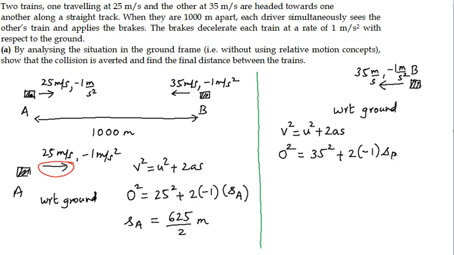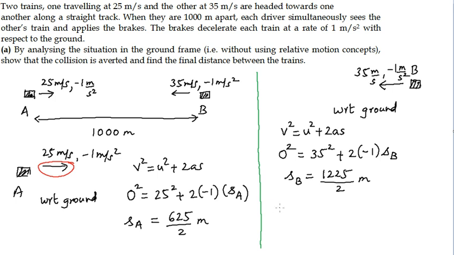By manipulating this equation one can find SB to be equal to 1225 divided by 2 meters, which would mean that in the absence of train A, train B would travel 1225 upon 2 meters in the leftward direction by the time it stops.